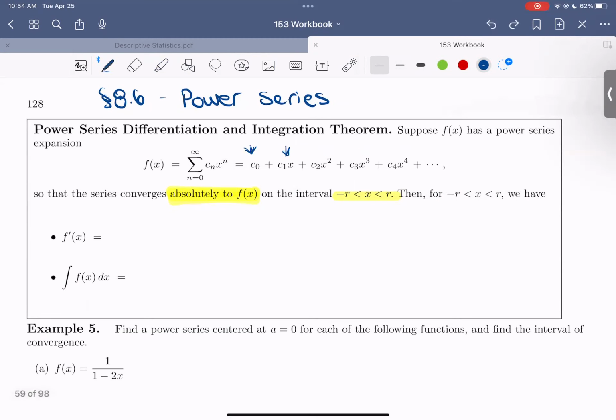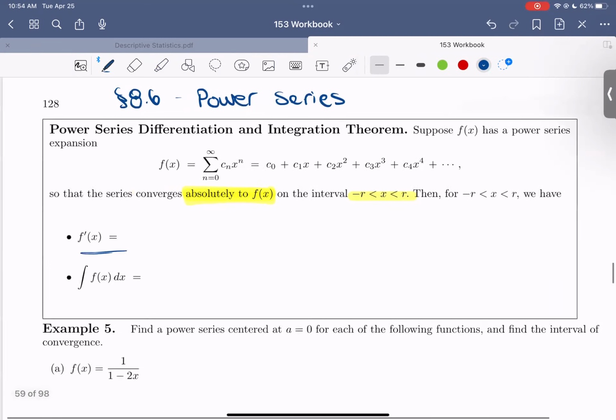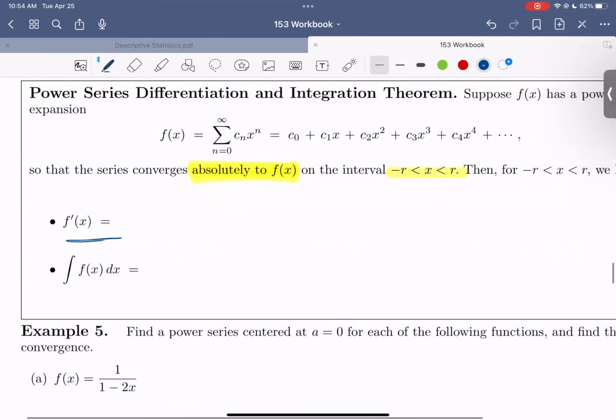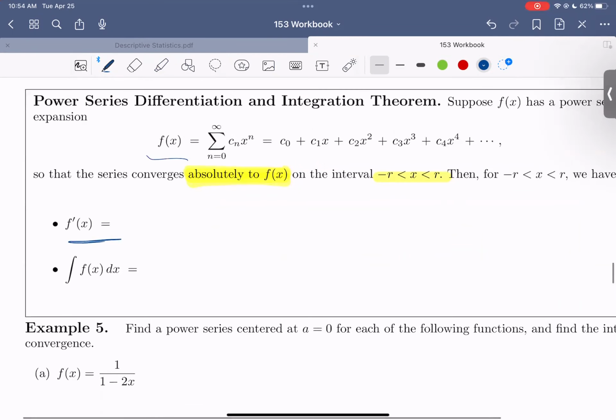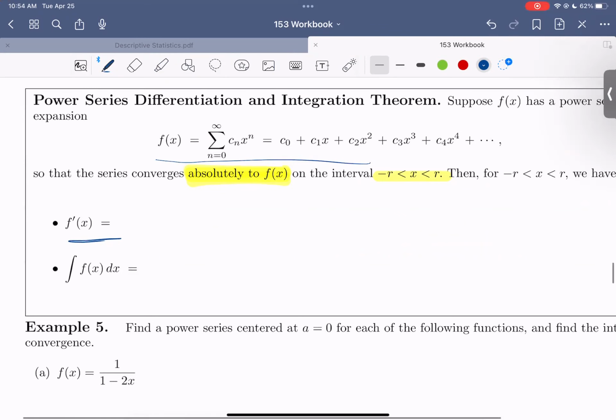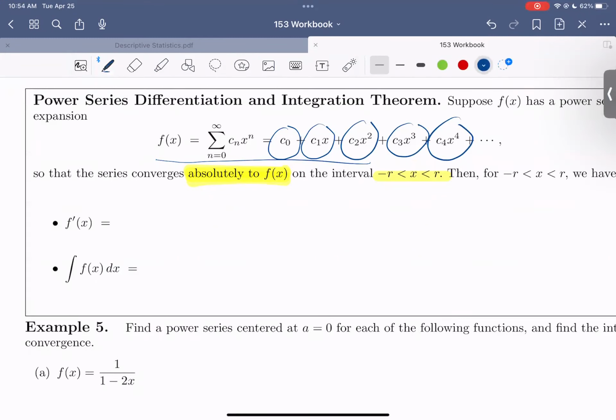Okay, so let's look at what that actually looks like. We're going to write that out using some notation. If this series converges absolutely on some interval, then on that interval, the derivative of our function is equal to the derivative of each term. So let's look at each term and compute its derivative. The derivative of c0 is just 0, because we have a constant.